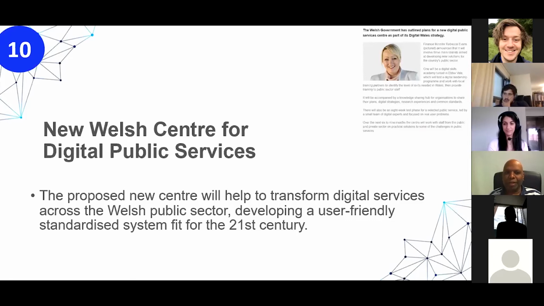We know that mobile first solutions have the biggest uptake in the customer base. So developing these, especially for government or public services, and testing them out is going to be a fascinating opportunity. And this center is poised to do this research. So I thought I should highlight that.